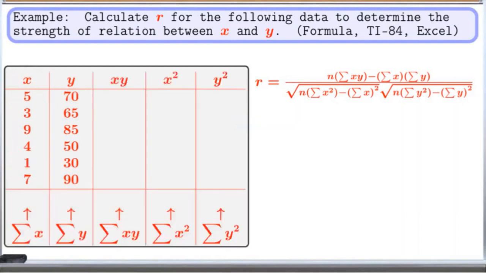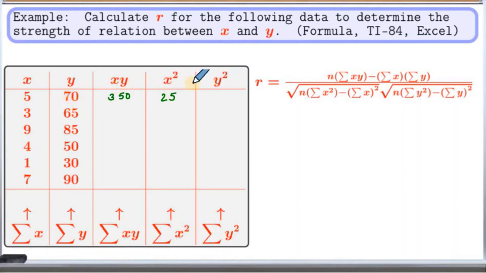So now let's make a table like this and let's try to find our values for all these columns, and let's try to find the sum of all these columns here. So 5 times 70 is 350, which is x times y. Our x is 5, so x squared is 25.